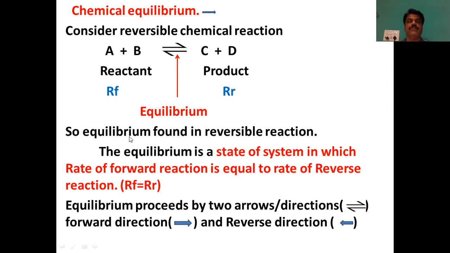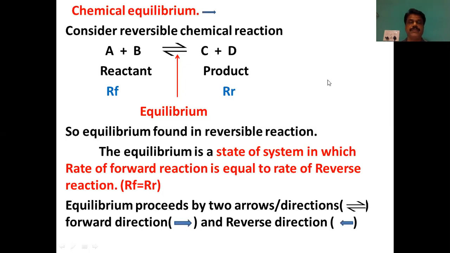So equilibrium is a state of a system in which the rate of forward reaction is equal to the rate of reverse reaction, that is RF equals RR, where RF is the rate of forward reaction and RR is the rate of reverse reaction.